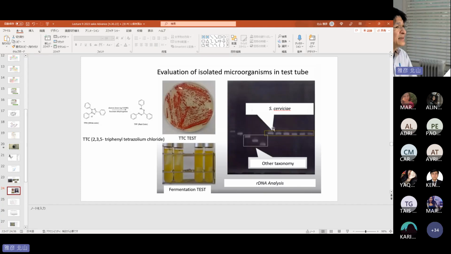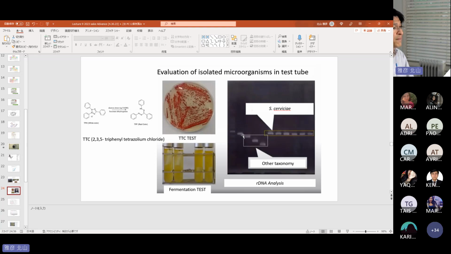And next, they also selected Saccharomyces cerevisiae by PCR to amplify a certain DNA sequence. Strains showing a small size of PCR product band were discarded.